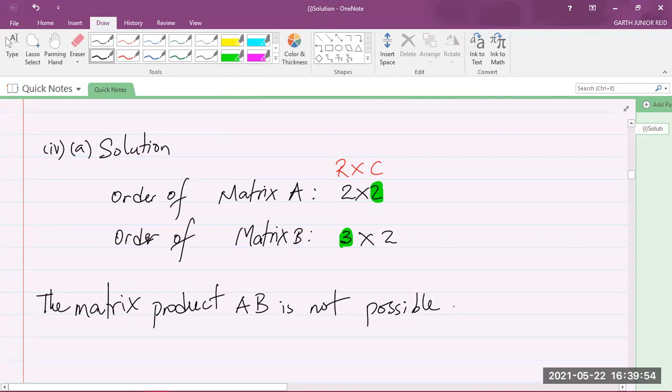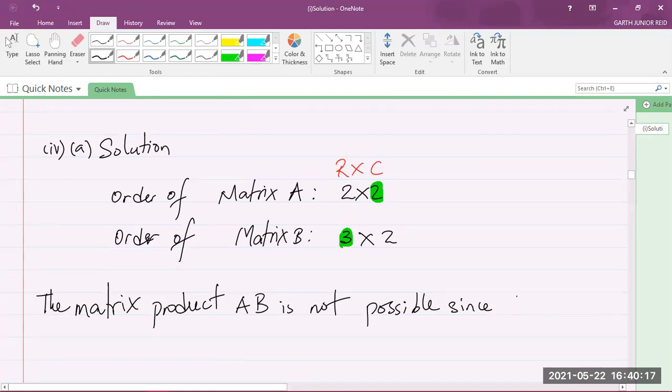It is not possible since, if you look carefully, the number of columns of matrix A is not equal to the number of rows in matrix B. Remember, those two values must be the same. So that is our reason.